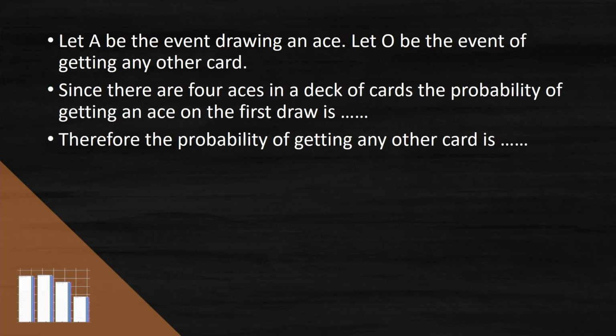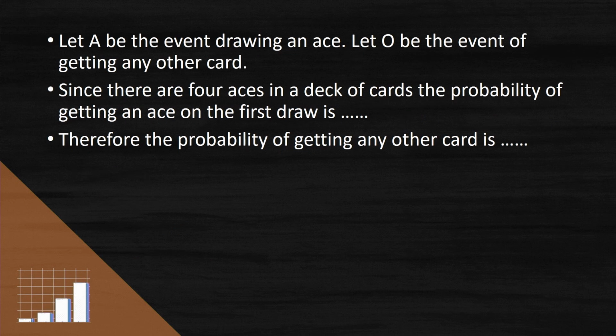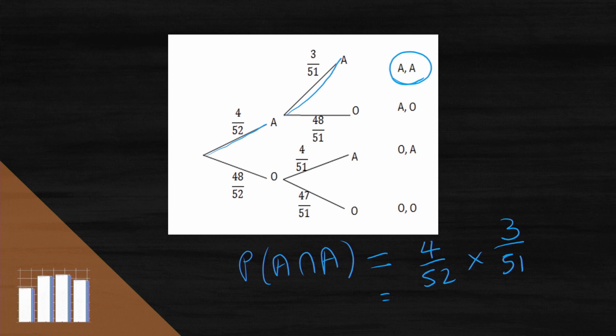Okay, then the next question said, what is the probability that he draws no aces? So that will be the outcome where he gets any other card on the first draw and any other card on the second draw.